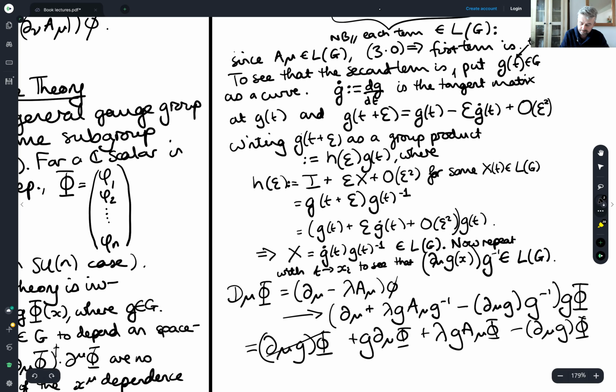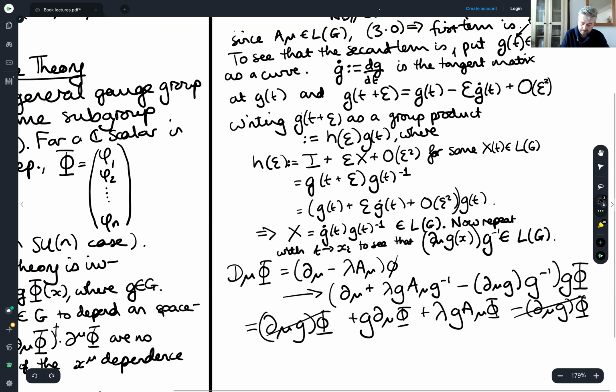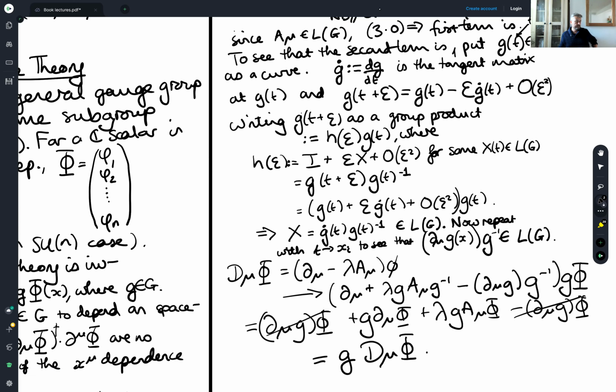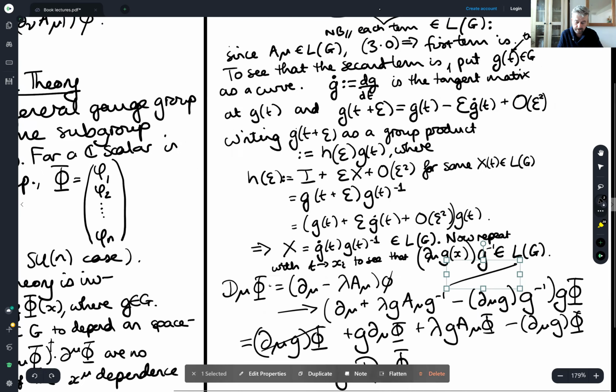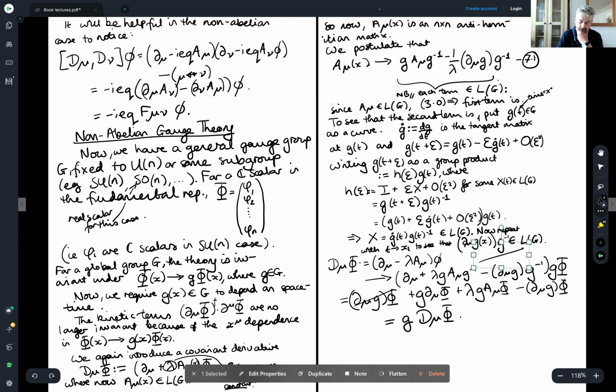So we see that the first and the last terms cancel, and we just end up with g times d mu phi. So just like in the abelian case, this covariant derivative is going to help us define a gauge invariant Lagrangian, and we'll see that next time.